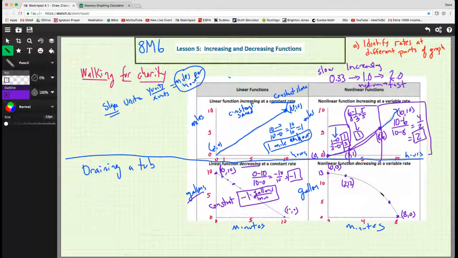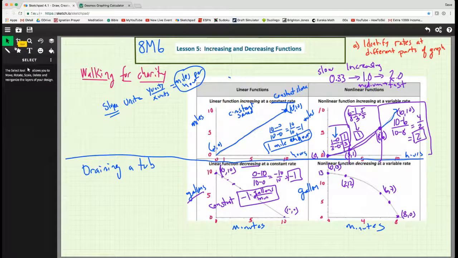Let's do this point. This is 6 comma 7. So let's look at this section, and then this section. And I think what you're going to see is that this isn't so steep. This is steeper, and this is the most steep. And so we'll understand in a decreasing function what that means.